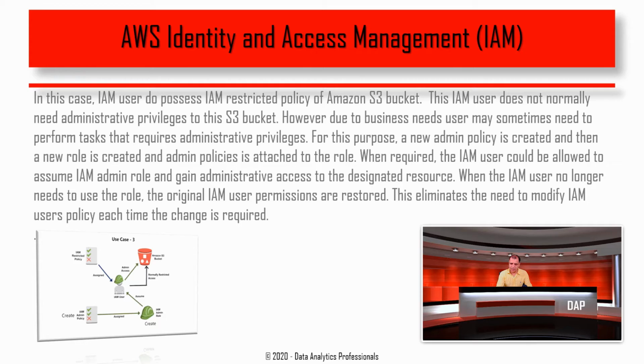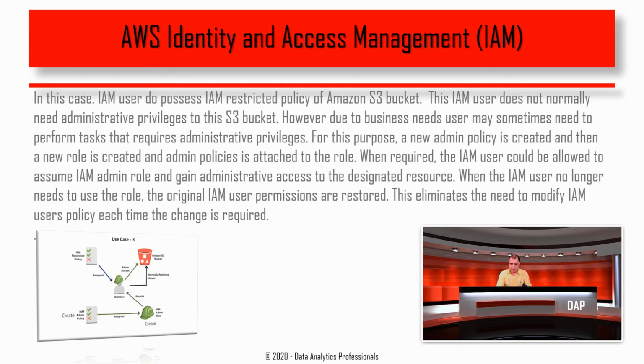Now in this case, the IAM user possesses a restricted IAM policy for the Amazon S3 bucket. This IAM user does not normally need administrative privileges to this S3 bucket. However, due to business needs, the user may sometimes need to perform tasks that require administrative privileges, and for this purpose a new admin policy is created, and then a new role is created and the admin policy is attached to the role.